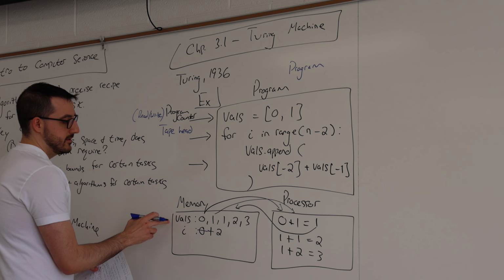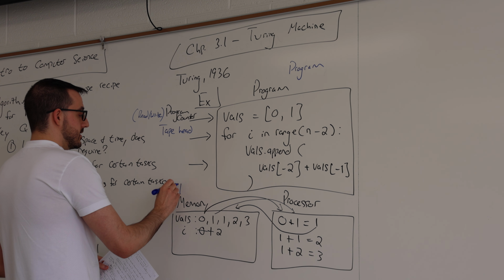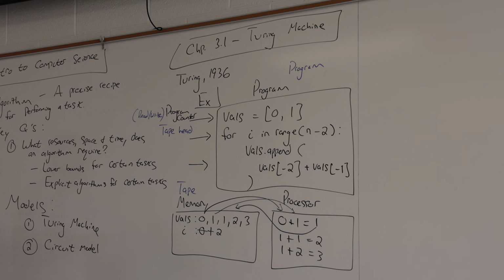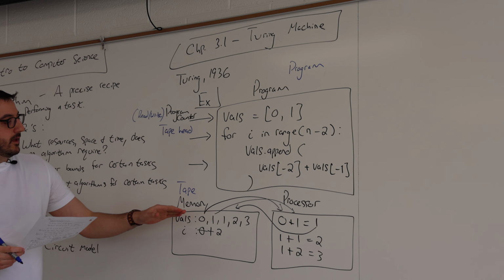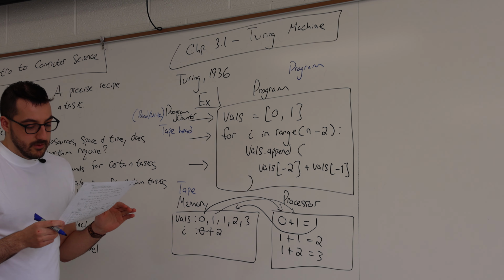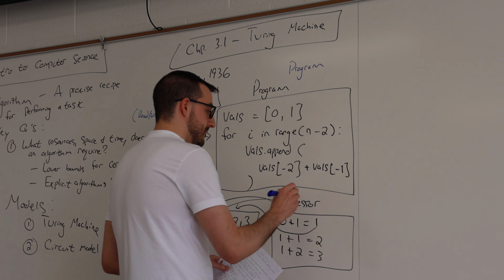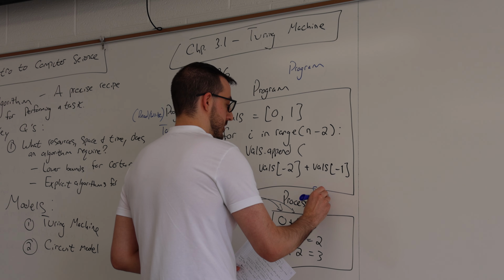The reason it's called a tape head is because the memory we're going to call the tape. Memory is going to be called tape. It's going to be a one-dimensional list that might resemble a tape. And the last thing that we'll have is going to be the processor becoming what we call the finite state control.